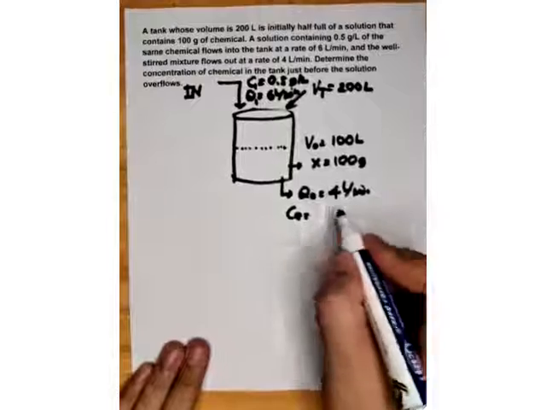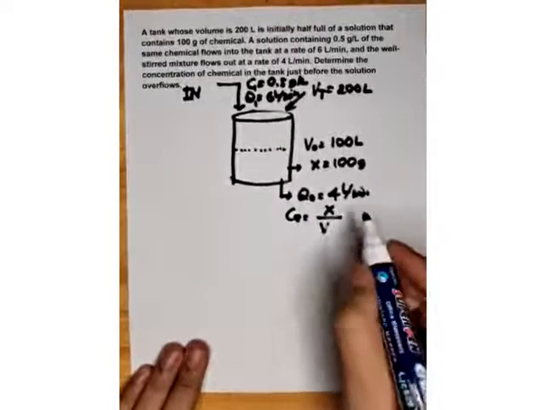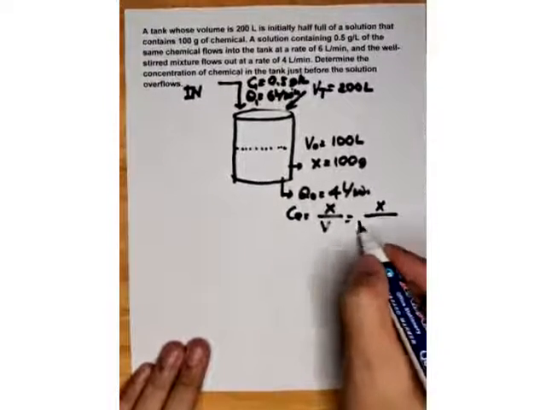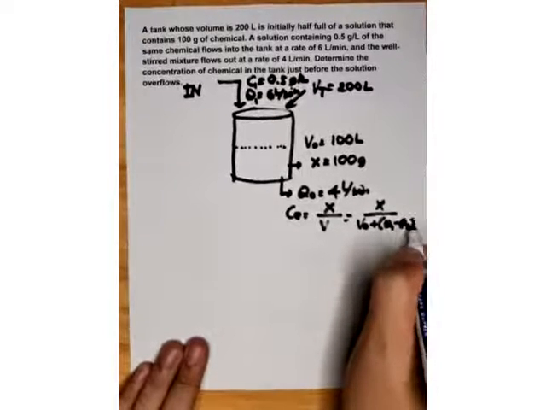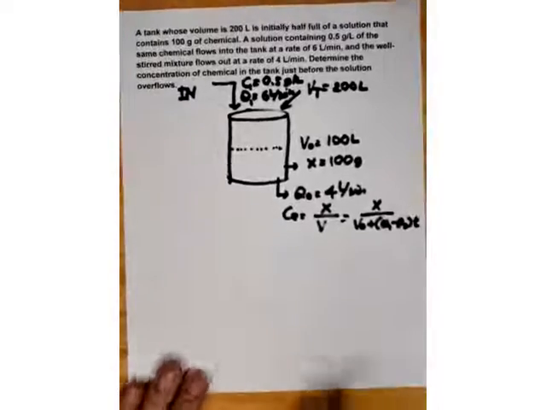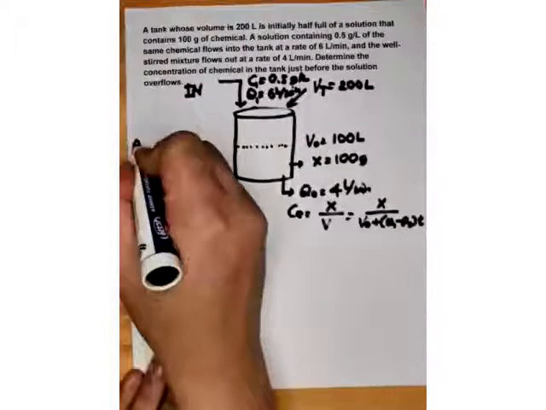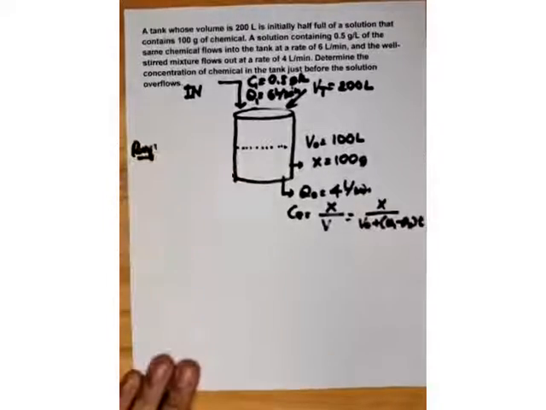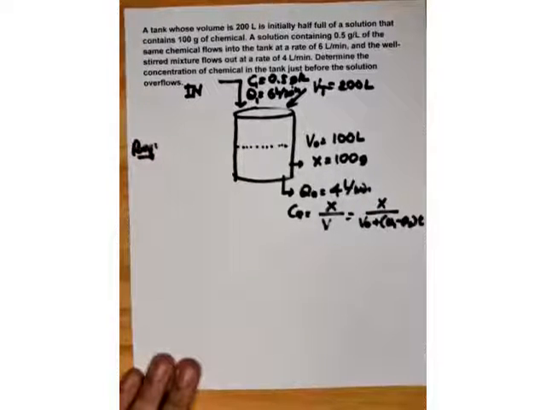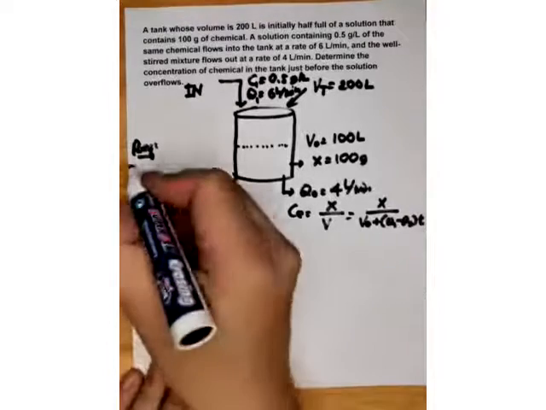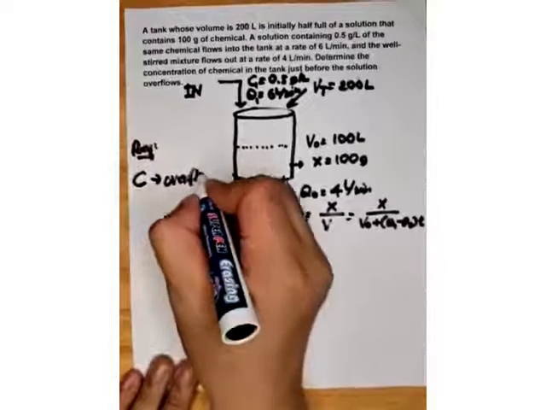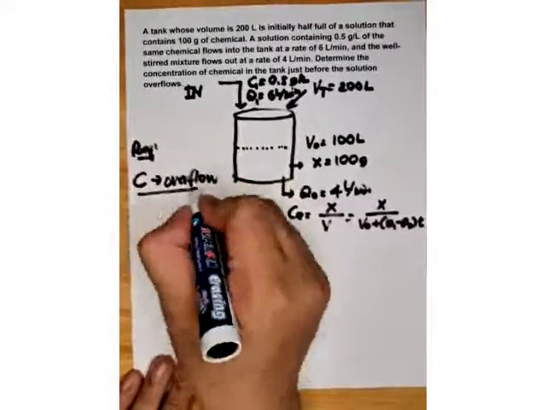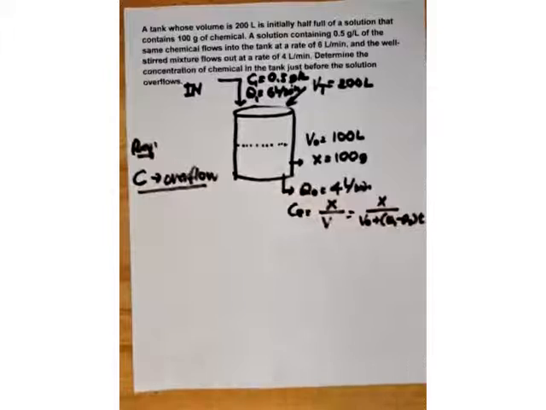Okay, ano yung final out natin? That's C over V. So that's X over VO plus QI minus QO times T. Ayan. So ang requirement natin ay determine the concentration of the chemical in the tank just before the solution overflows. So what's the concentration when the tank starts to overflow?